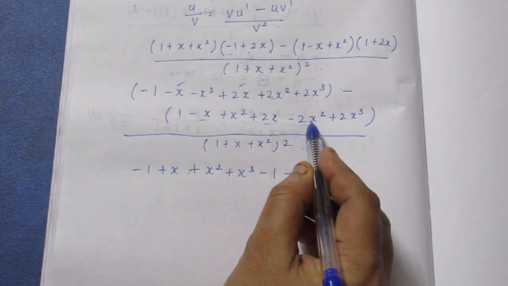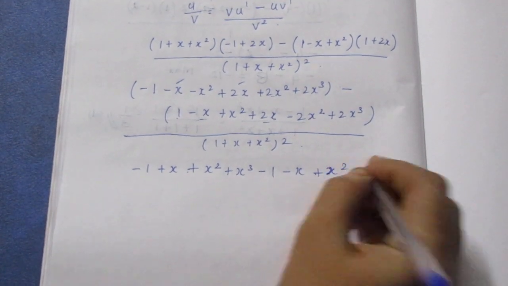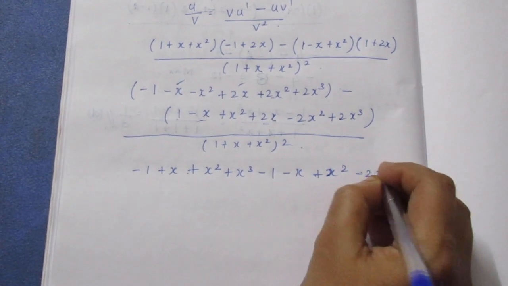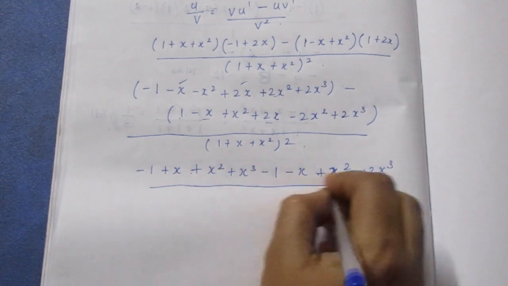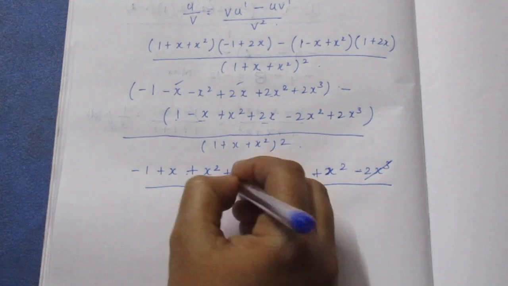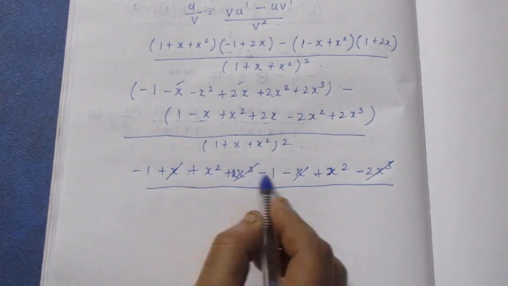Now we have minus x square, this becomes plus x square, 2x square plus 2x cube, with the minus 2x cube. Now this minus x plus x gets cancelled. Now we have minus 1 minus 1.